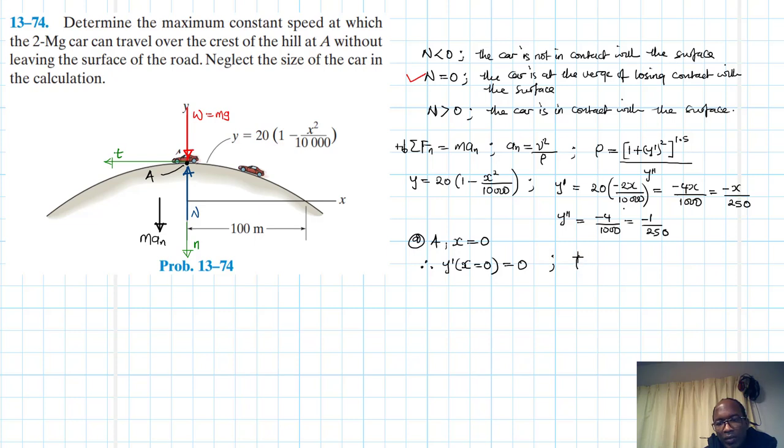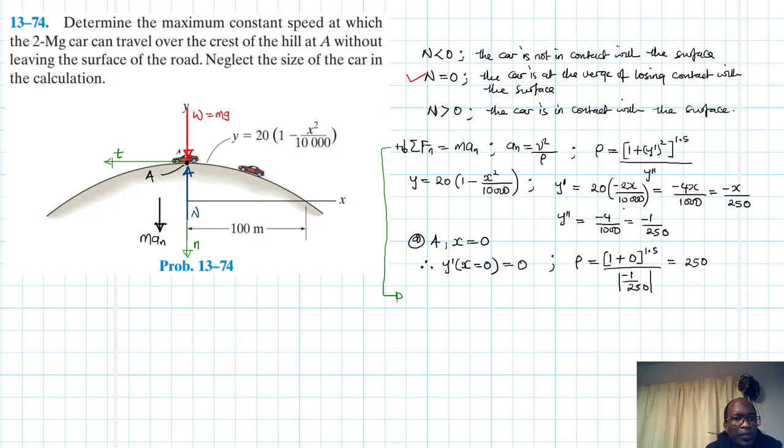So having done that, our rho will just be equal to 1 plus 0, to the power 1.5, divided by the modulus of minus 1 divided by 250, and this just gives us 250. So with that, we can now use this equation.